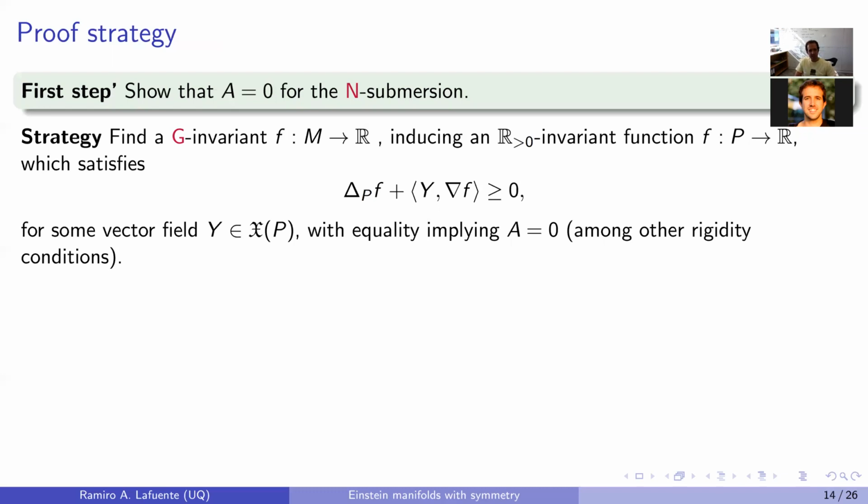The strategy is to find a nice function f, which is G invariant. That's extremely important. The function is G invariant, defined on M, and it will induce a function on P. Recall that P is M mod N. So if it's G invariant, in particular it's also N invariant, so it gives rise to a function on P, which is still G mod N invariant.